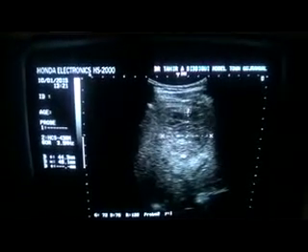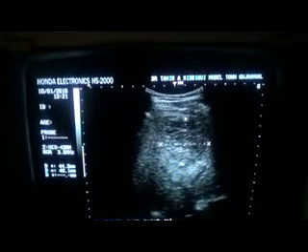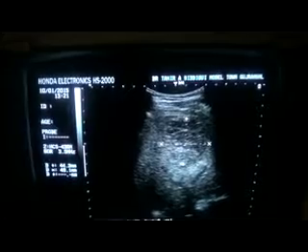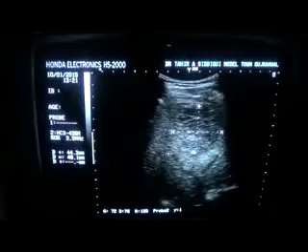Now its outer border is quite regular, and the internal configuration is consistent with a cystic mass with posterior wall enhancement or strong back wall.